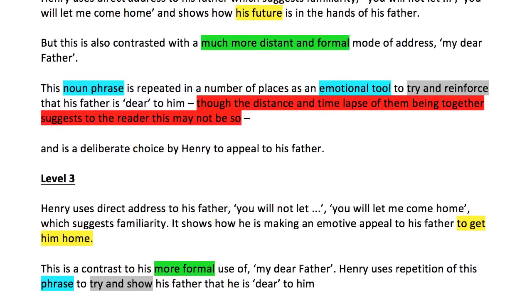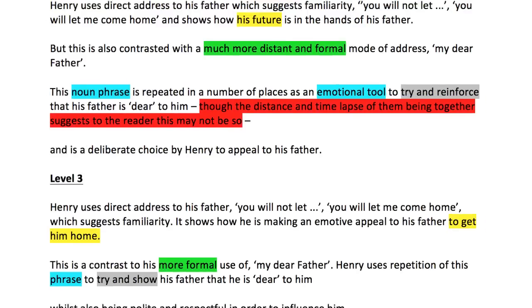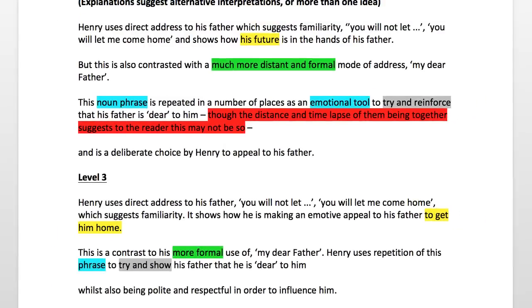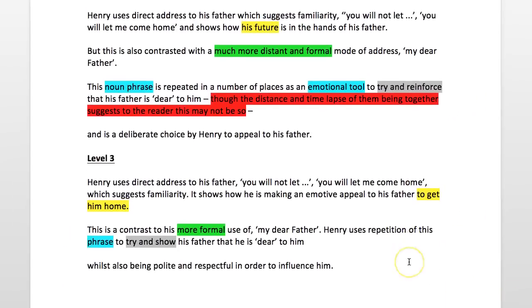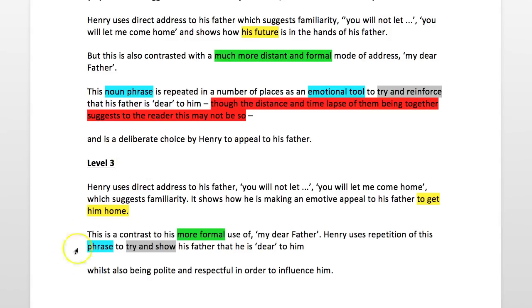So I'll just minimize the size of that so that we can compare the two bits of writing. So here we go. Henry uses direct address to his father, which suggests familiarity. It's the same point. But in the level 3 answer, he's asking to come home.